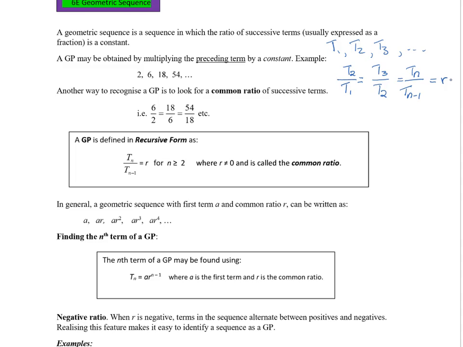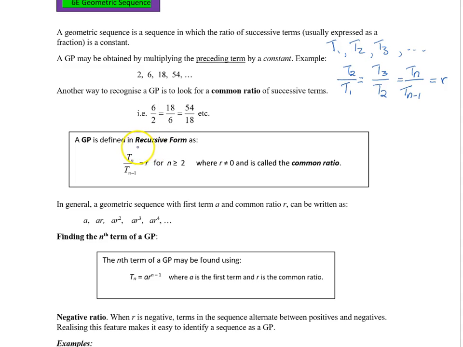You can see here if we have the terms 2, 6, 18, 54, very clearly there's no common difference. However, if we think about the ratio 6 over 2, 18 over 6, 54 over 18, you can see that they are all equal, and that is what's required to show that you've got a GP.